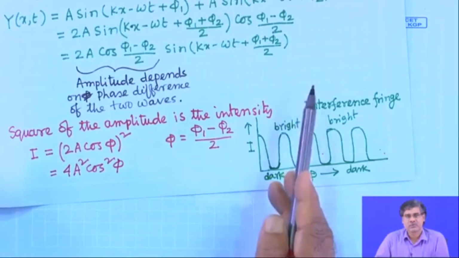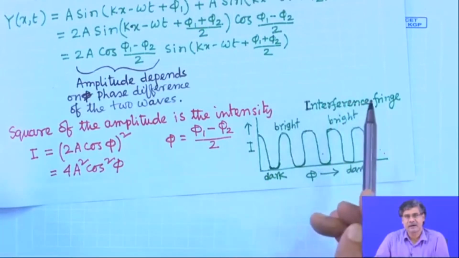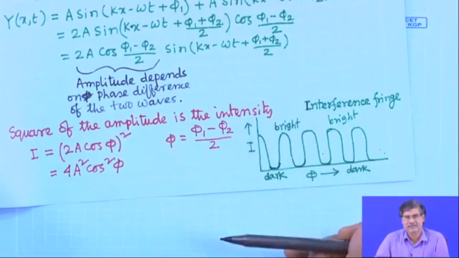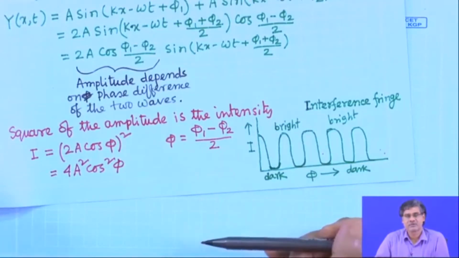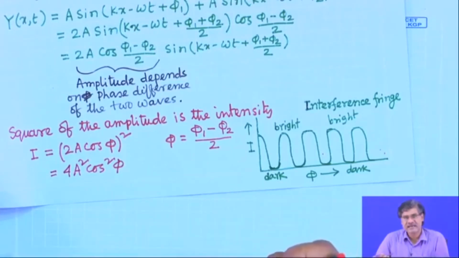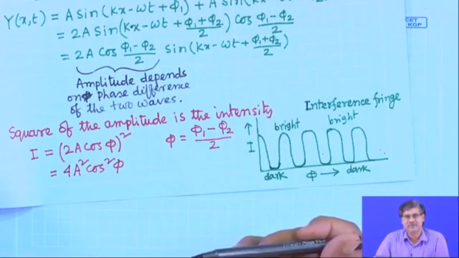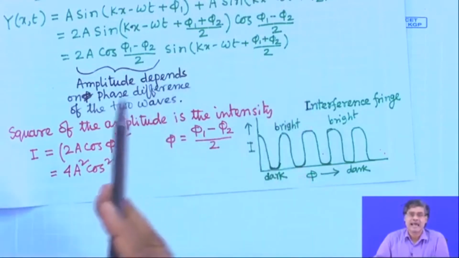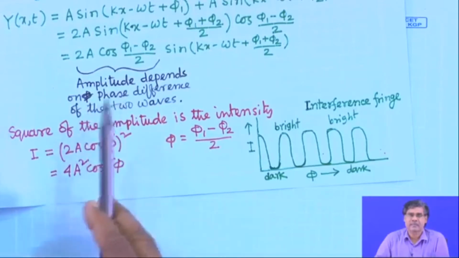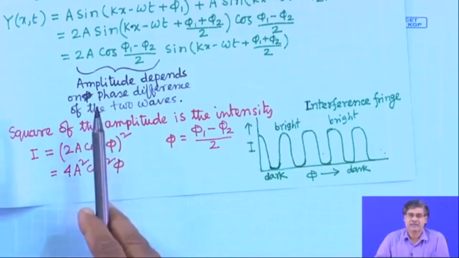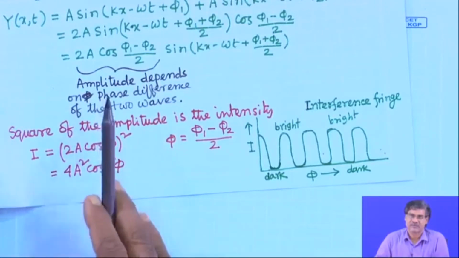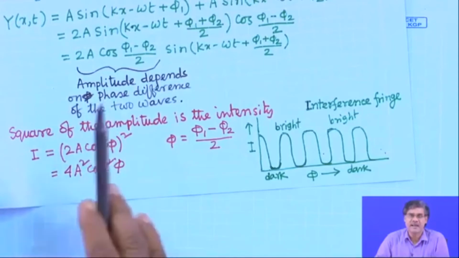So, at different space, at different place, when these two waves reach, the phase difference between these two waves can be different from another point, another place, but at that place the phase difference will be independent of time.